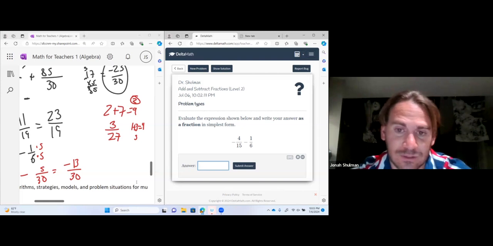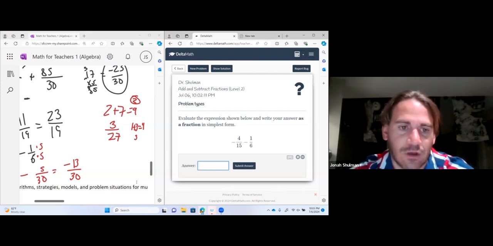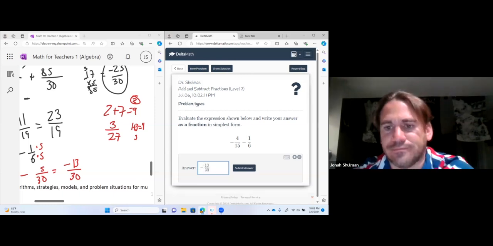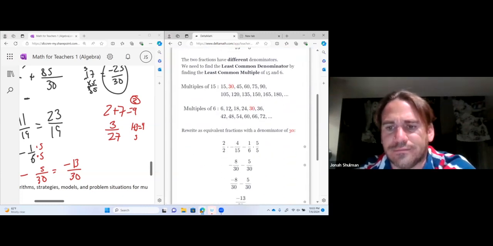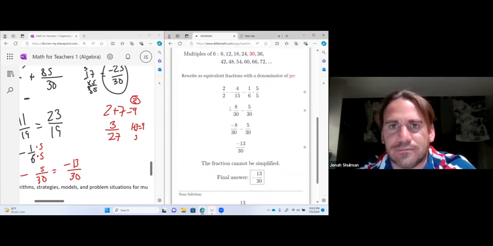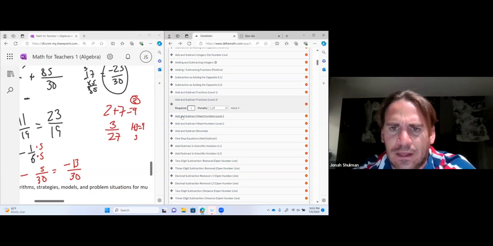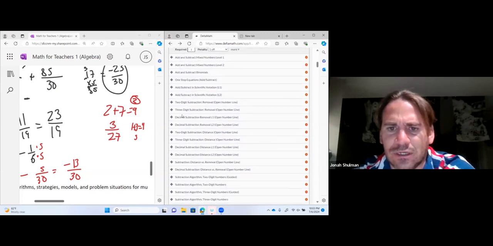You could do it by 30 because 3 plus 0 is 3. As long as it's a multiple of 3, when you add up the digits, 3 will go in. So it's negative 13 over 30. Ta-da! So fancy. All right, so now we got some mixed numbers going on.